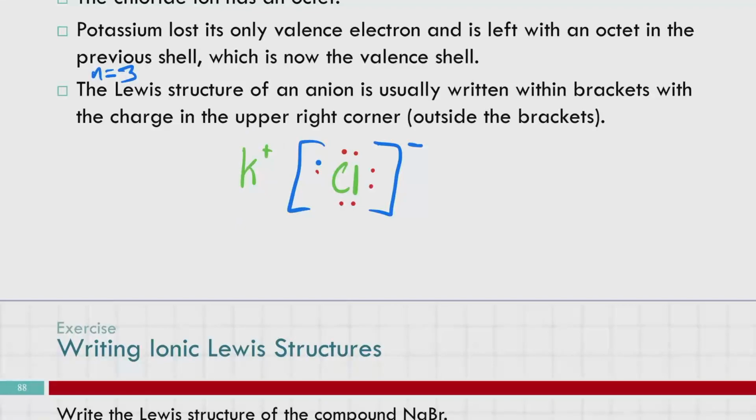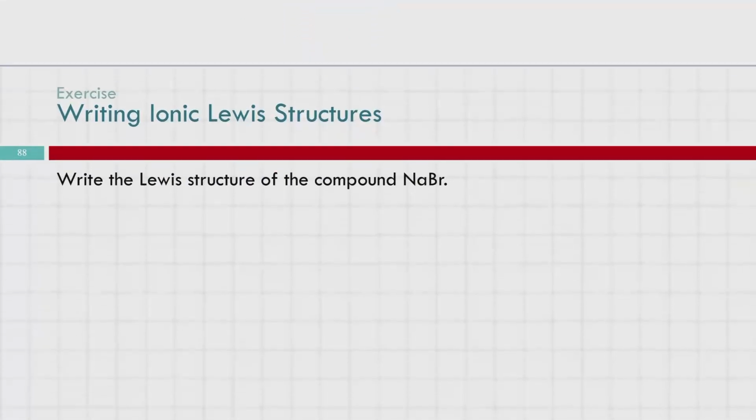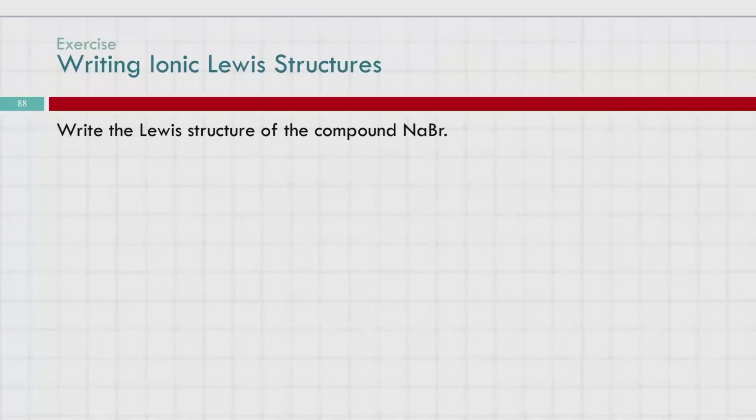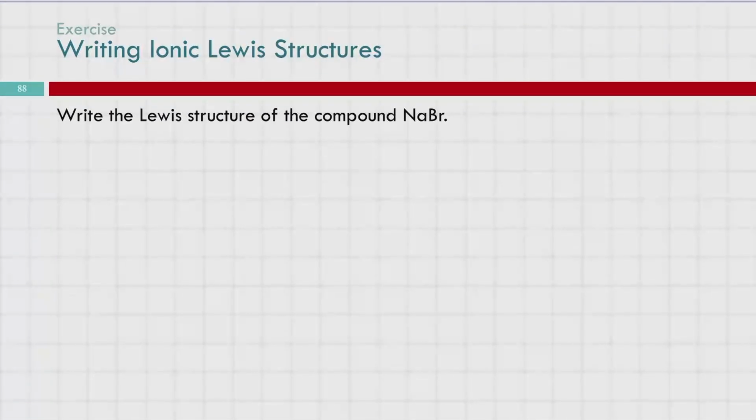Potassium, 0 dots. Chlorine, 8 dots. So it's just to keep them separated. If we don't do the brackets, then it looks like something else, and we'll see what that something else is in a bit.